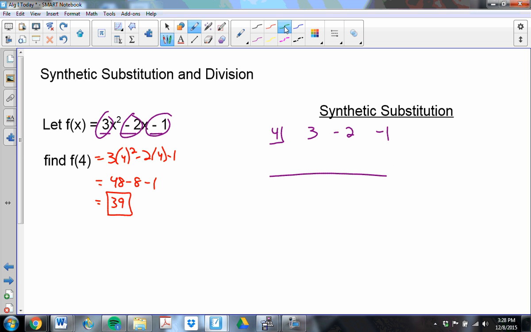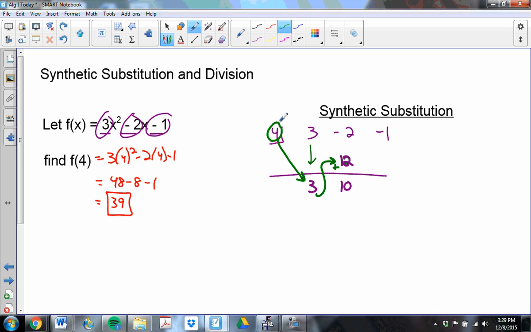And this is how you set up synthetic substitution. Now in green, I'll show the steps I'm going to do. The first thing you do is you just drop down this 3. Then I'm going to do 4 times 3, and that answer is 12, and I'm going to put that here. So I copy a 12 over here. I'm now going to add negative 2 and 12 to get 10.